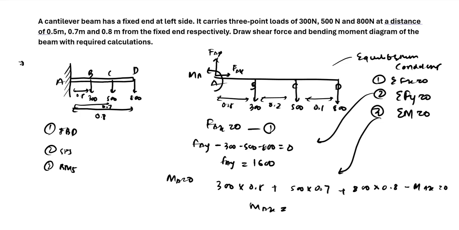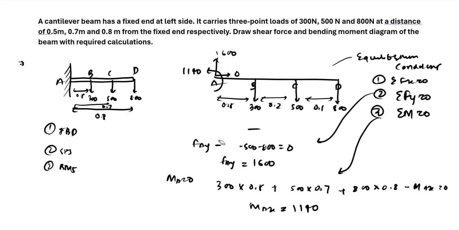If it comes out to be negative, then we know that the assumption is wrong and it is in the clockwise direction, but it comes out positive, so it will be in the anti-clockwise direction only. So MA equals 300 into 0.5 plus 500 into 0.7 plus 800 into 0.8. We have 1140 as our moment at point A. So we can just write the values here, which will be 1140. FAX is 0, FAY is nothing but 1600.